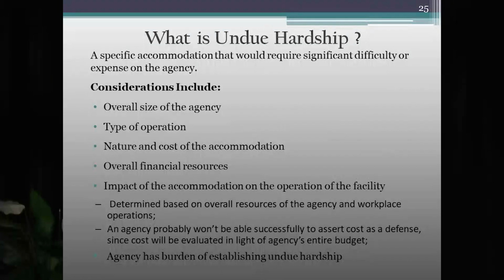And I would say an agency is not going to be successful asserting that cost is a defense. Again, most times agencies try to use the cost of an accommodation and say that it's an undue hardship, but more than likely you're not going to be successful in doing that. So you really need to determine how you're going to pay for the accommodation instead of saying that you're not going to be able to pay for it.